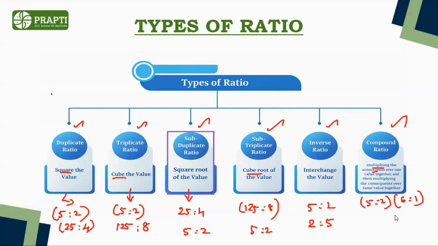Compound ratio is nothing but multiplying the antecedents, or the numerators, and multiplying the consequents, or the denominators, together. 6 5s are 30. 2 ones are 2. So is that a ratio? Yes, but again, we can simplify this so that the answer will be 15 is to 1. So this is my answer. This is compound ratio. So these are the types of ratios we'll come across.